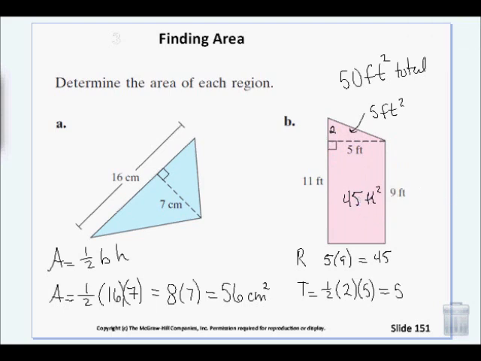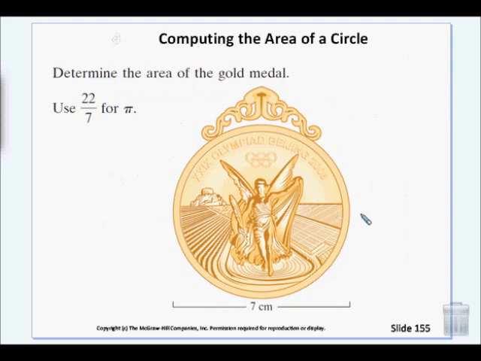Last two. We're going to determine the area of this gold medal. And what shape is this gold medal? Circle. It's a circle. And if my diameter is 7, my radius is 3.5 centimeters. Okay, and they're having us use 22/7 for pi. I don't care about that.